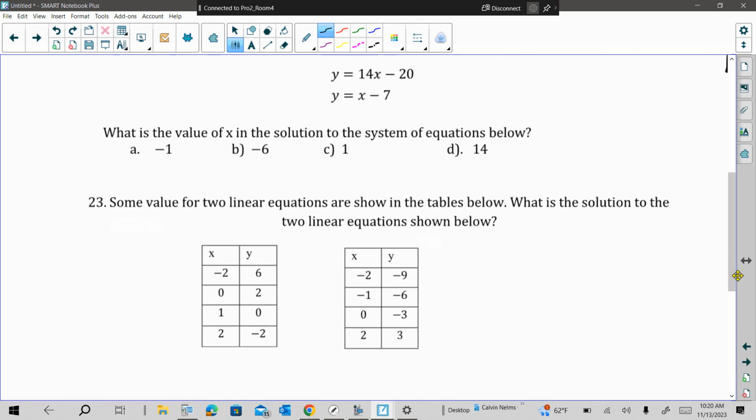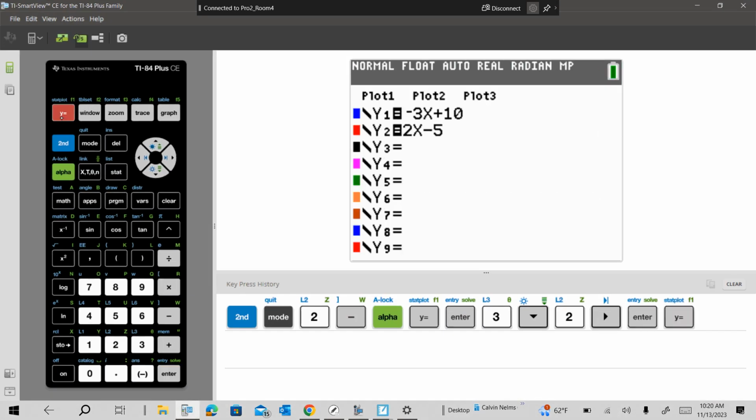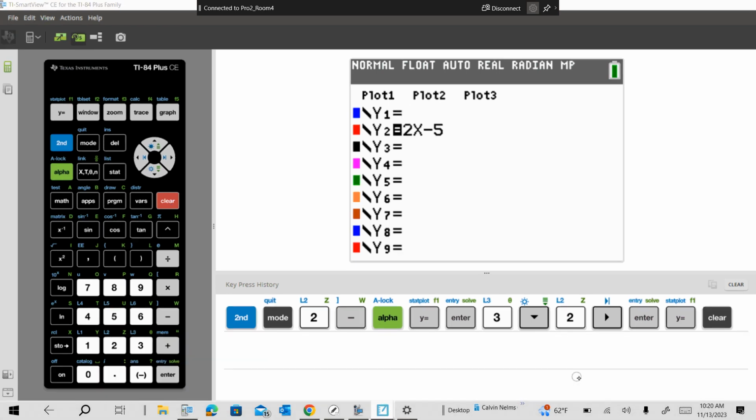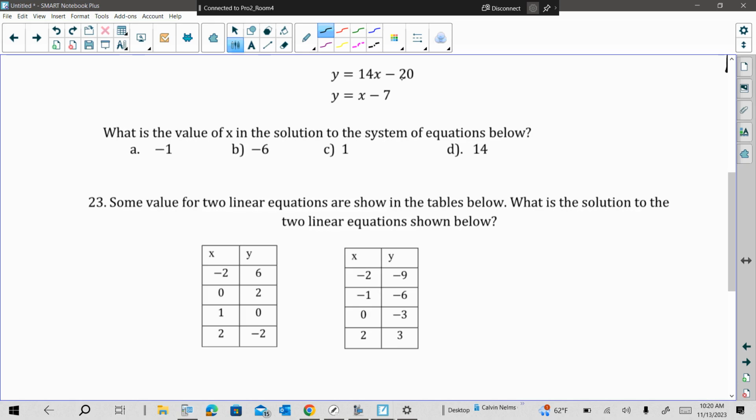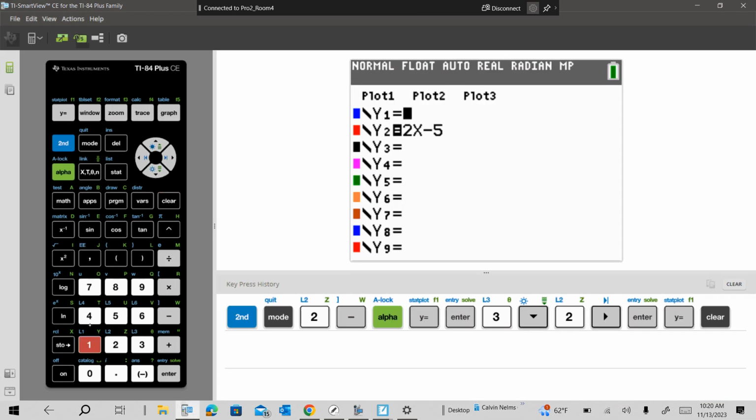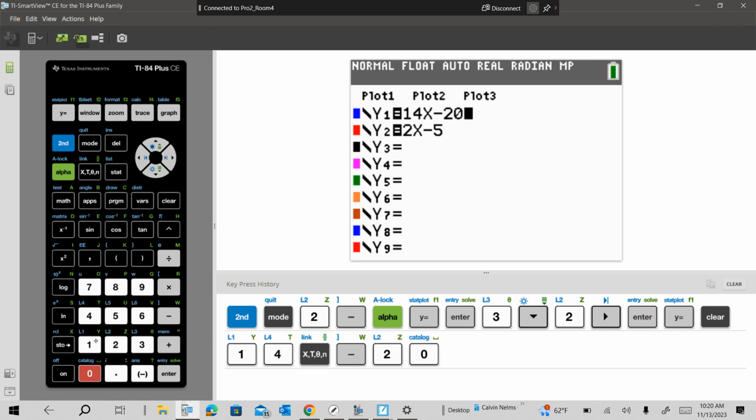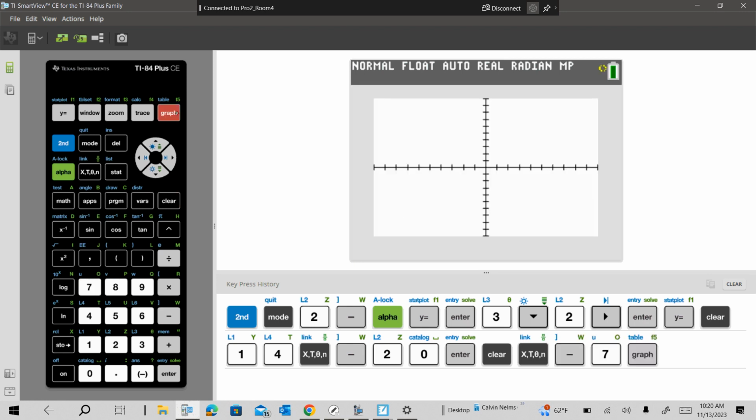Yeah, so I'll just recap real quick. Remember, if you go to y equals, let me clear this out, and we had 14x minus 20, and then x minus 7. So if I type in 14x minus 20, and then come down here, enter, and then we're going to clear that. We have x minus 7, and we hit graph.